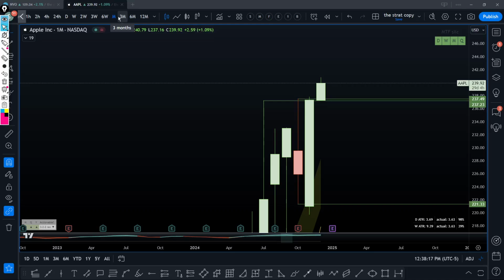So if you're considering any contracts on these signals that you see on the month, you would want to buy double the time just to give you double the time for your trade idea to be correct. So we'll be looking at contracts for maybe February, just to give yourself double the time or something like 60 days out on Apple.